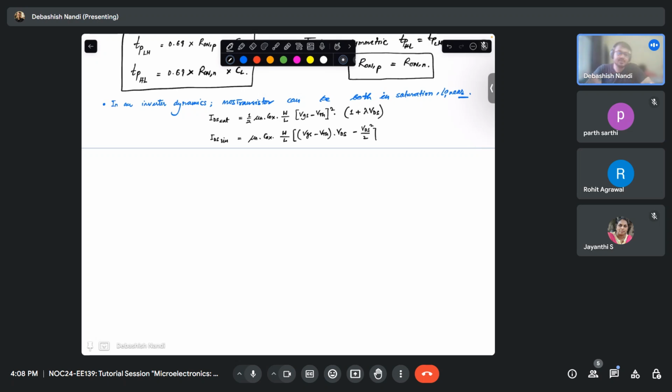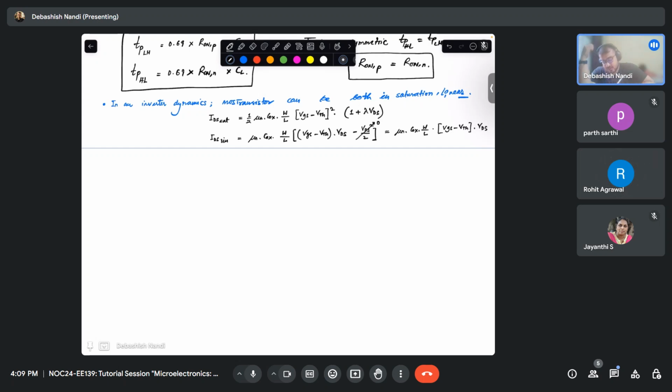This is my linear case. So in linear region, we can ignore this term being small. So I can simply write mu n Cox W over L VGS minus VTH times VDS.